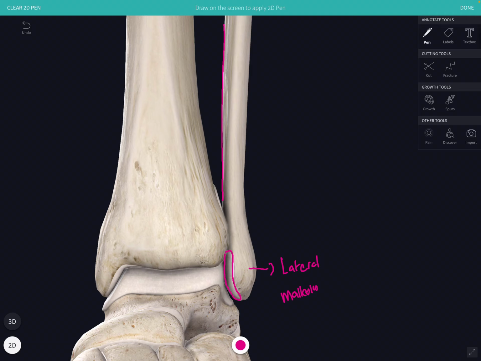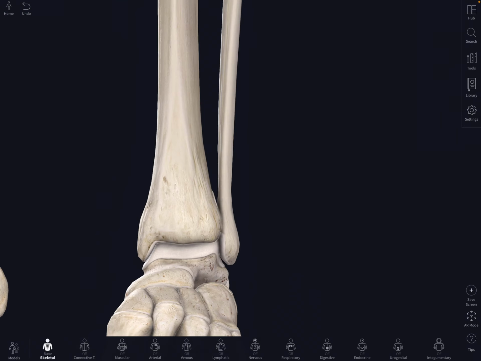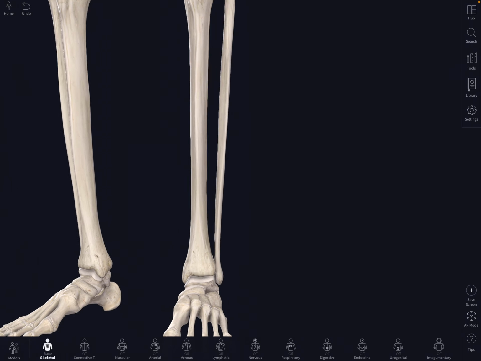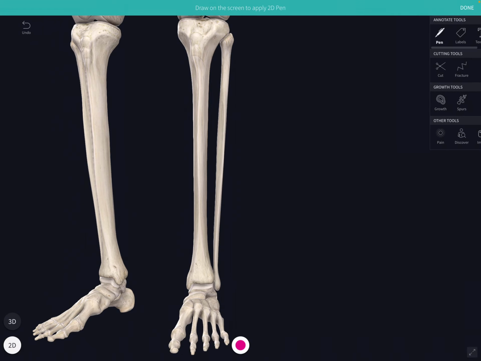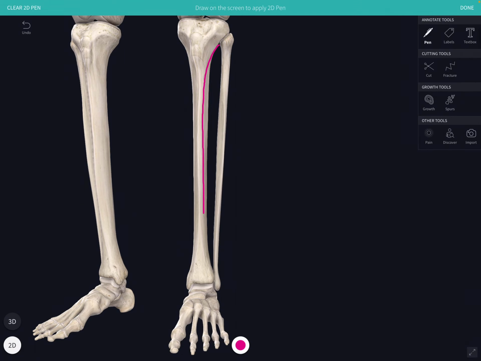Okay, and that's because this kind of forms almost a ring bone, if you like. So if we just clear that a moment, and if I just take some of the magnification off here so we can see the bone all together, I pick up my pen, in a sense, this almost forms a kind of ring bone association.